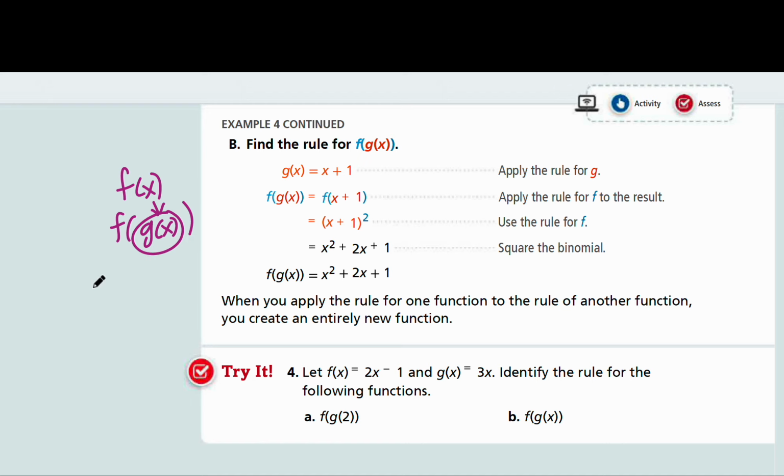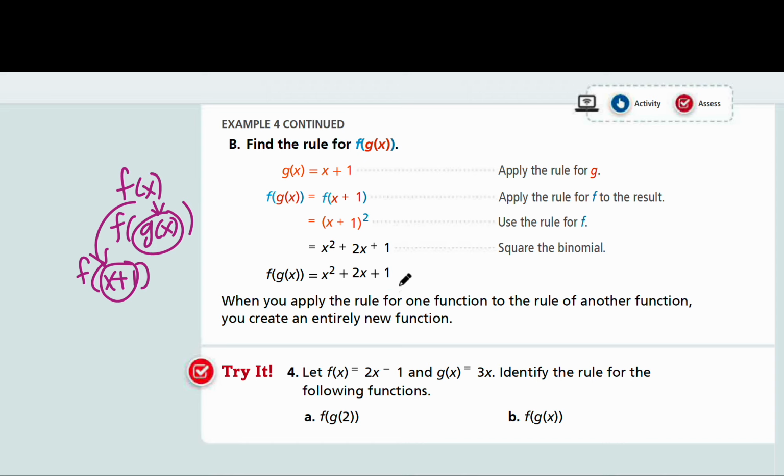So your g of x is really x plus 1 as a rule, right? So instead of x, you're going to substitute x plus 1 in there. And so your f of x is x squared, right? So instead of x, you're going to substitute x plus 1. And so x plus 1, all of that squared, would just be x squared plus 2x plus 1.